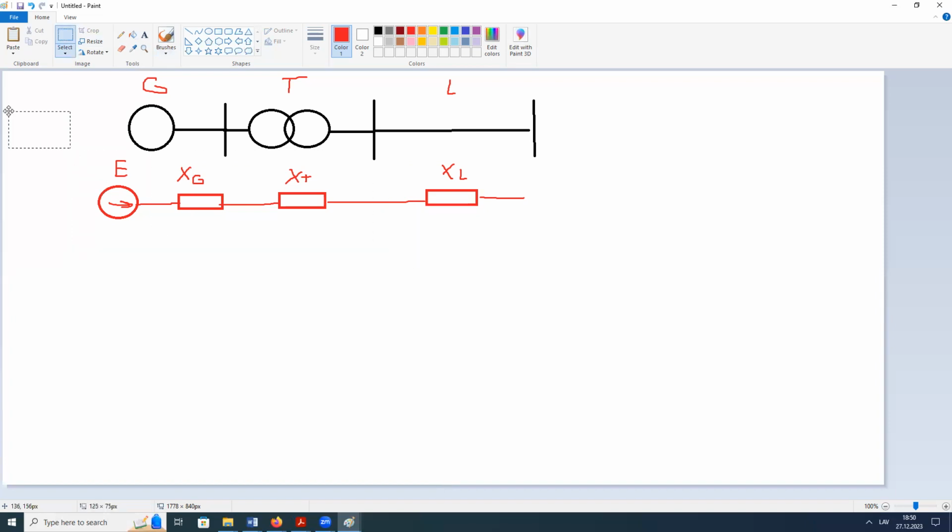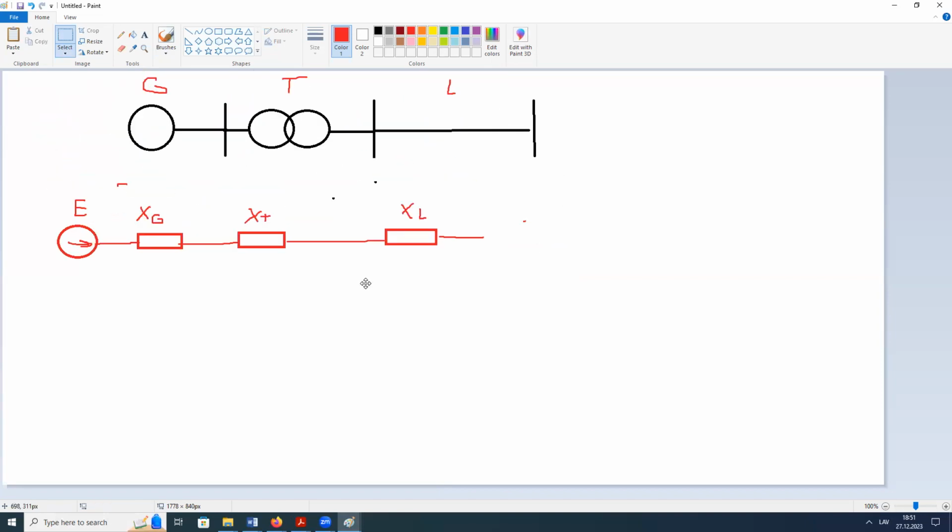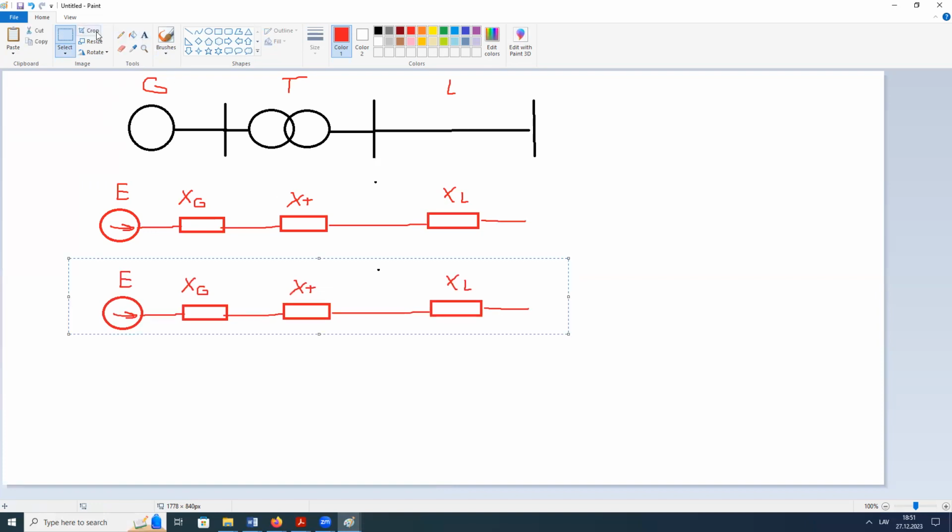So we use this scheme. Let's make a fault here.